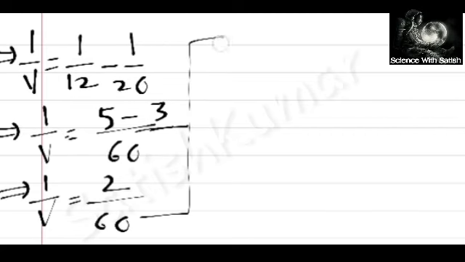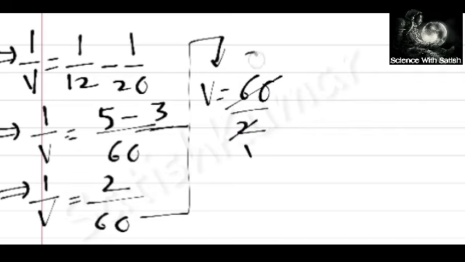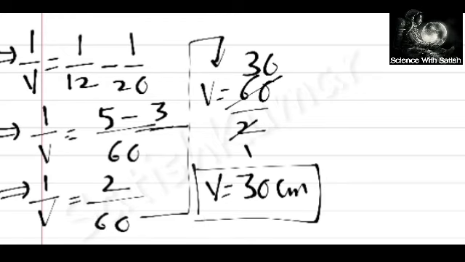From here I can write V equals 60 by 2, therefore V equals 30 centimeters. Means the distance between pole and the image is 30 centimeters. I can say the image distance is 30 centimeters.